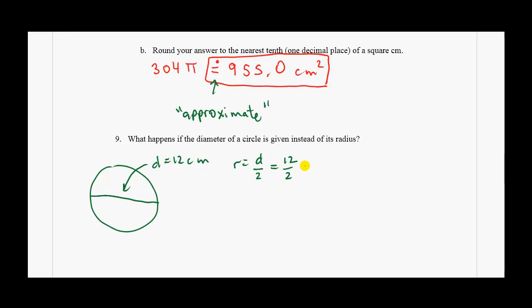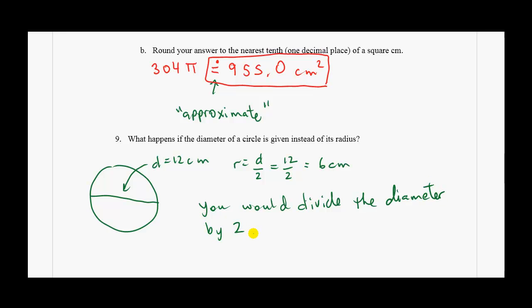And a half of 12 is 6 centimeters. You would divide the diameter by 2.